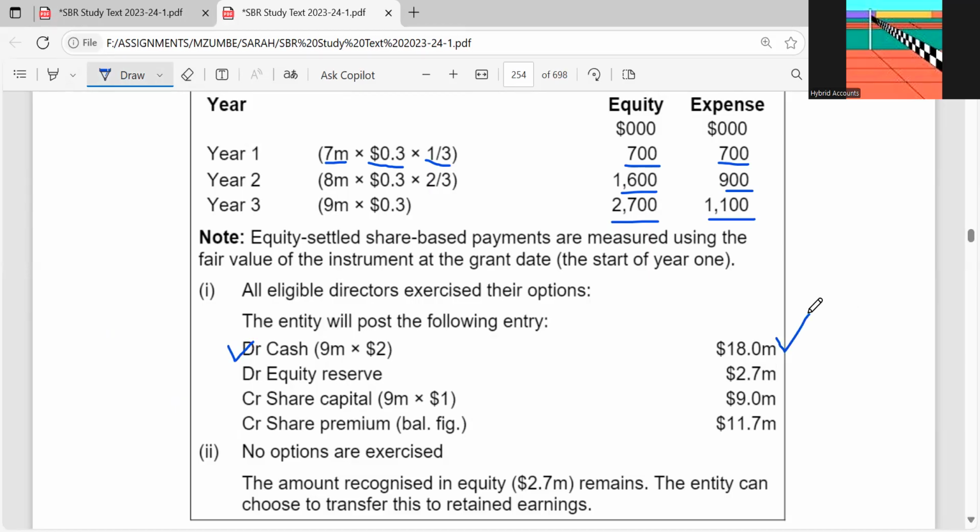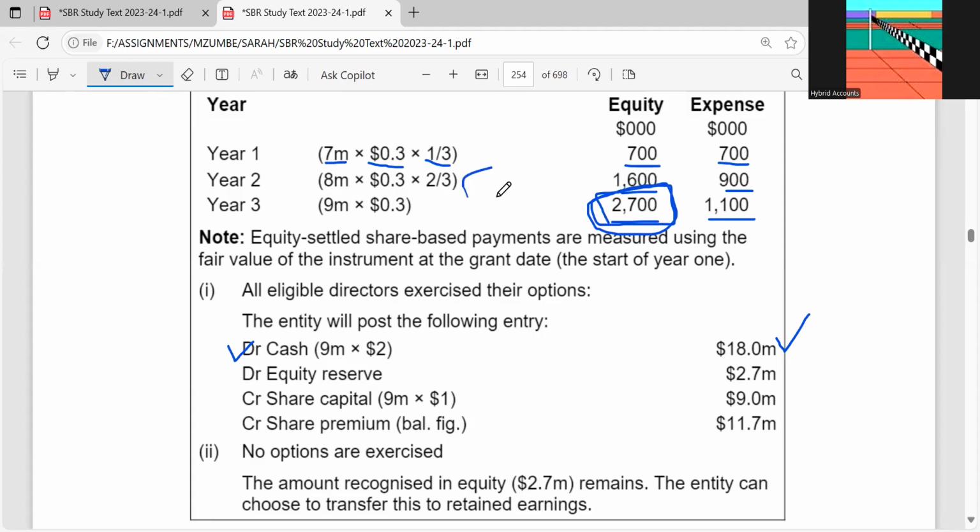This is very nice. The next thing you have to understand is that at the end of year 3, in the books, we have this equity, and we are trying to convert it into the specific equity. It's just the equity under the other components of equity. Now we are going to remove it. Remember, equity has a credit nature, so we are going to eliminate that equity that has a credit nature.